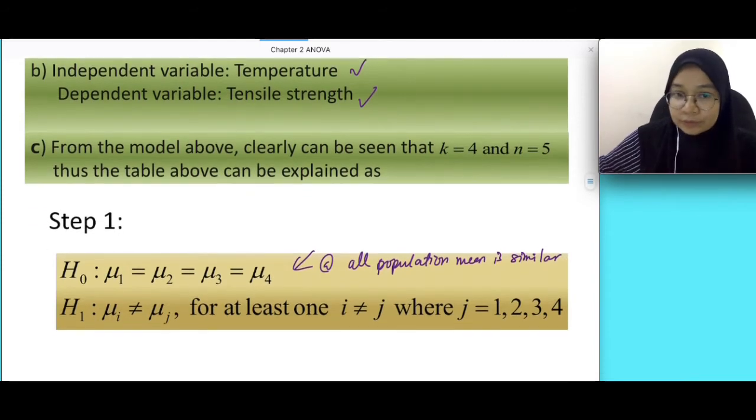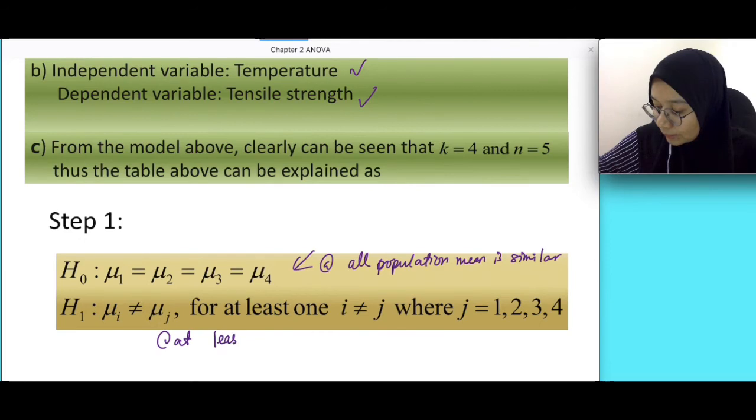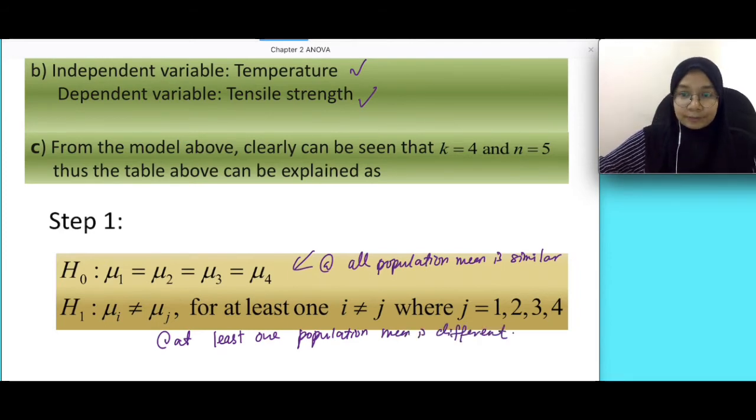Okay. So here you can write down also at least one population mean is different. So it's up to you. If you want to put notation also can. If you want to write down in words also can.